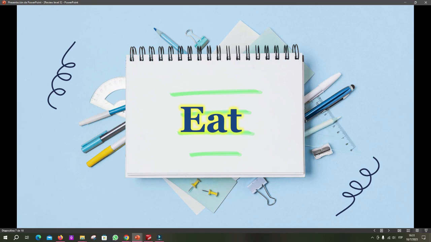Which could be the simple past of this verb? In past? Which could be? Do you remember? Ate. Excellent. Eat, ate. Perfect. I ate pupusas yesterday, for example, right?